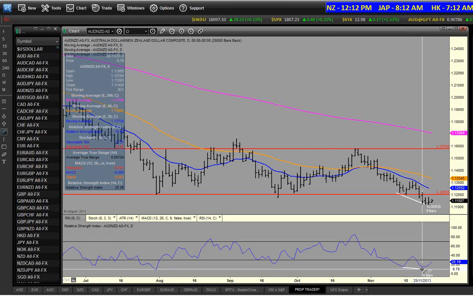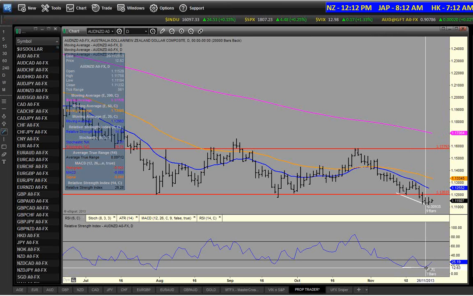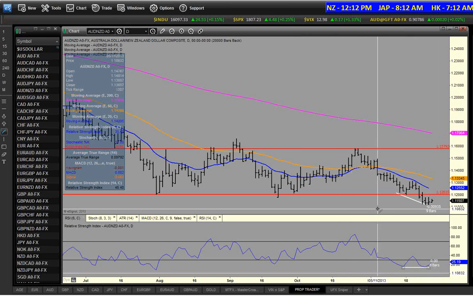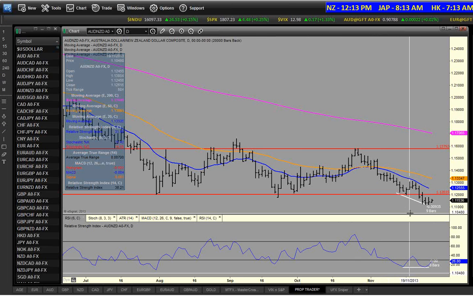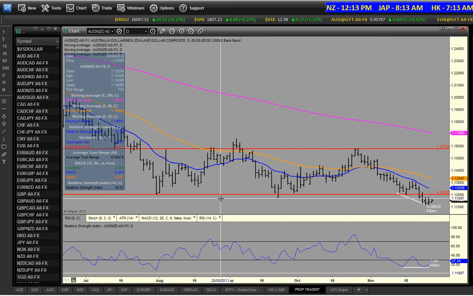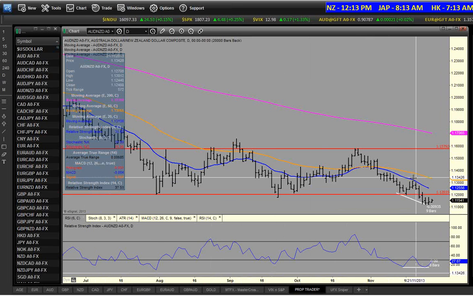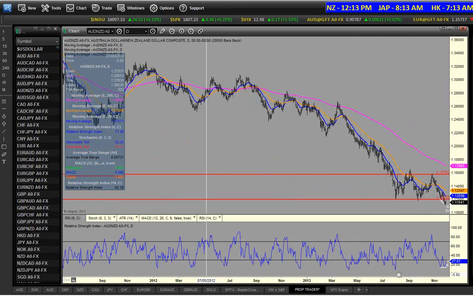I'm going to be a little bit more cautious on this. But that's your Class C divergence there. You prefer to see Class A when you're trying to trade against this major downtrend.